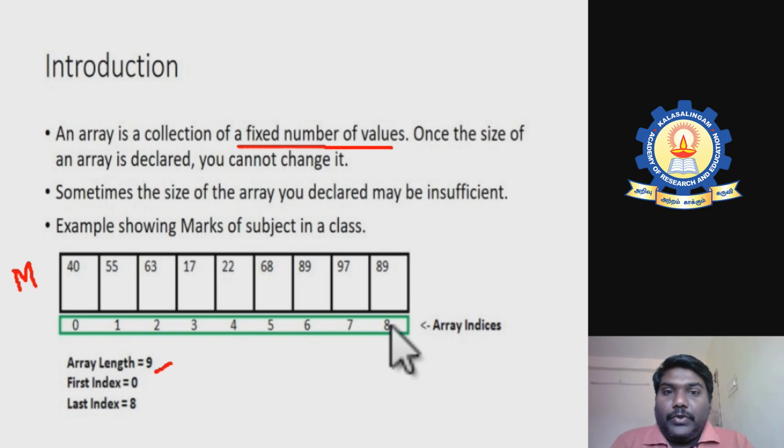Later I feel that the number of students is more, assume 60 or 65 or 70. I need to increase this array, but within a program there is no option to increase the array directly. You cannot reinitialize it directly with the help of the array. That is one of the problems.